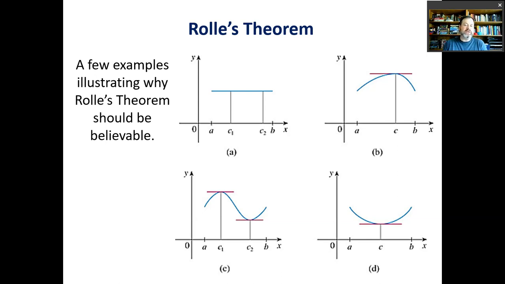Just by looking at the graphs, it should convince you that this makes sense. It has to do with continuity, there are no discontinuities, and the function can't change direction at a corner. If the function is going to change direction, it has to change direction where the derivative equals 0. So we're using stuff that we learned in section 3.1, using Fermat's theorem and stuff like that.